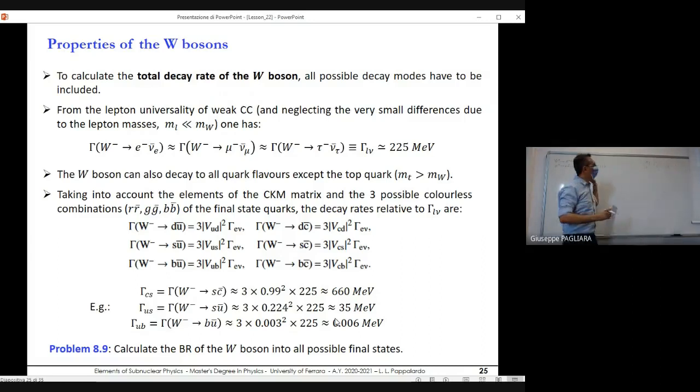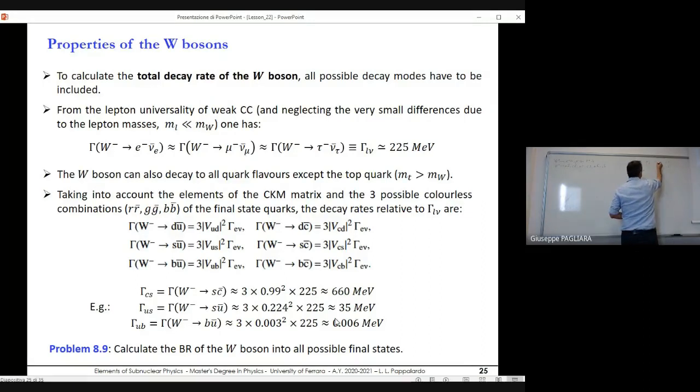So we are considering all the combinations that exchange one unit of electric charge, without considering the top quark. That's it. These are all the possible decay modes of the W.